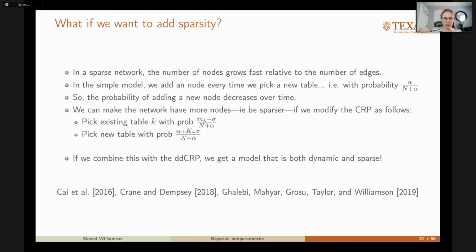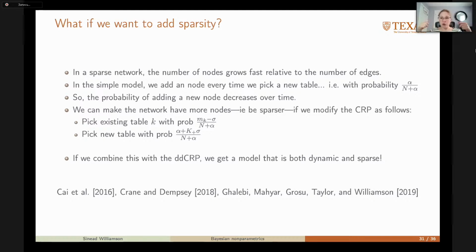So if we want to capture sparsity, then we're going to need to make the probability of picking a new node be bigger, right? We want that probability of starting a new table to stay big enough to make sure we're adding enough nodes. Now, normally in the CRP, we add a new node, a new table with probability proportional to alpha.